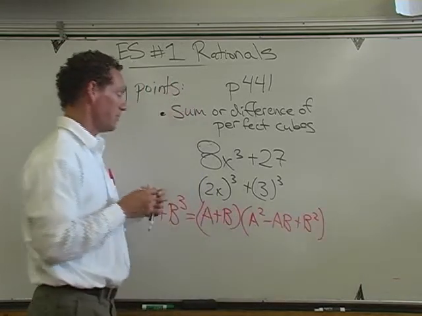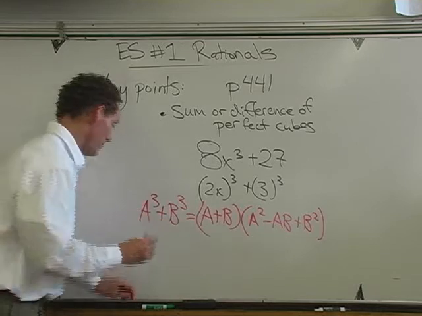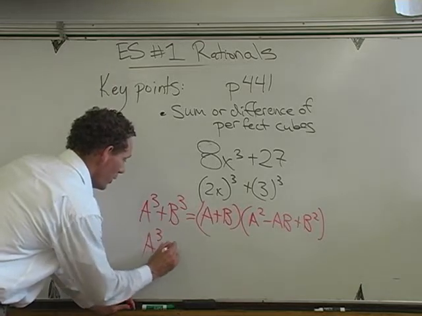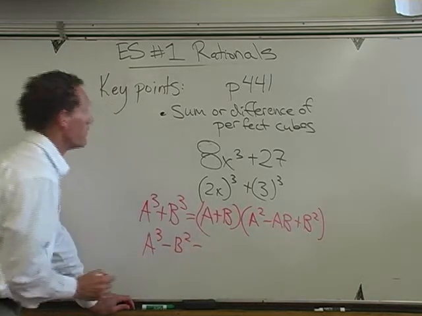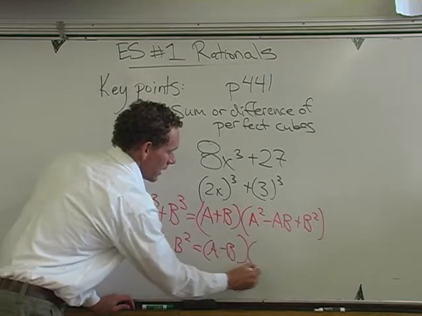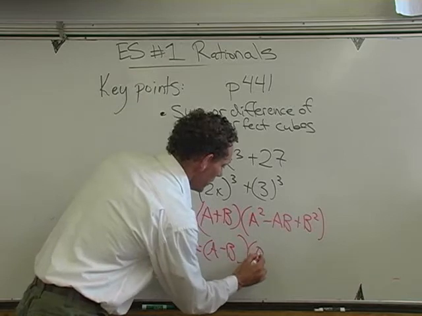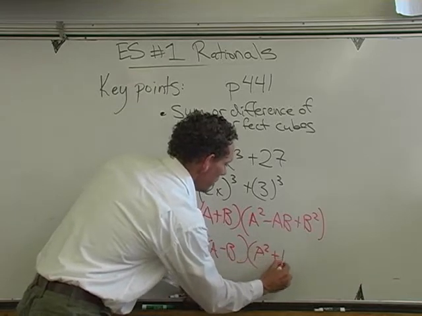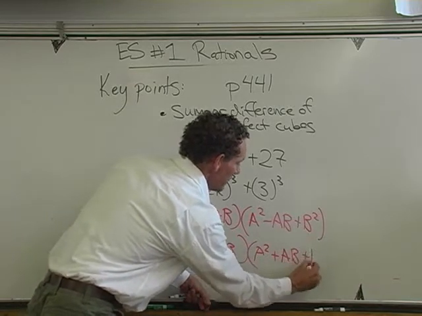Alright, that's great. So maybe I'll write out the formula for the difference of perfect cubes. This is an a minus b, and the second trinomial is a squared plus ab plus b squared.